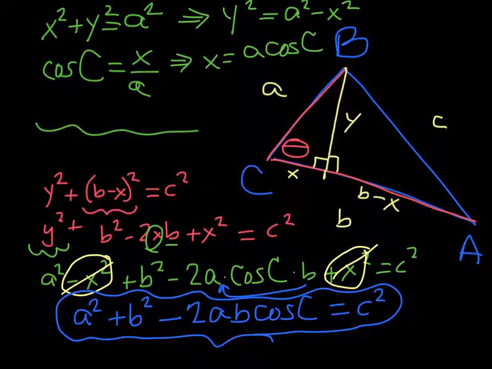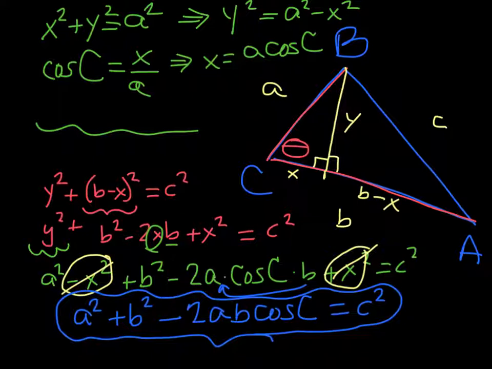So basically we just used the Pythagorean theorem twice. I did need to use cosine, and we just kind of substituted equal values in there so that I could have a nice looking abc formula, okay? So the capital C is the angle, so right here, this is always the angle C, and so that's when I'm trying to find the side opposite of C. If I want to find the side opposite of C, I need to know angle C, and I need to know the two sides that make it up, okay?